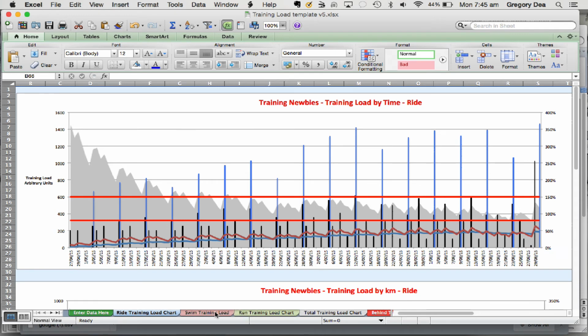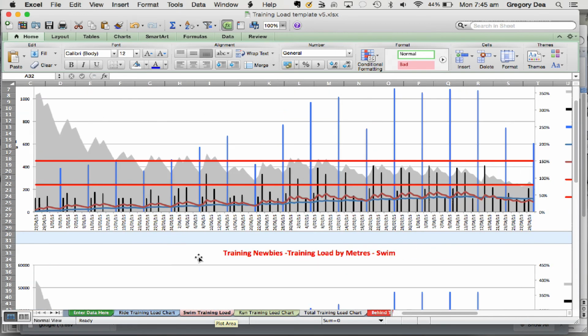In the swim, we see the training stress balance definitely pushes through that third macro cycle and second, and then it doesn't seem to push as much in the speed and quality work, and actually drops off in the final week to under 80%, which would indicate that the athlete has lost some fitness in the final week.